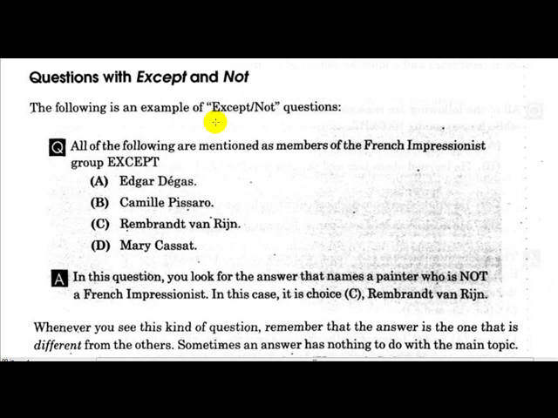And except means it's not, they are not included. They are separate from, okay? In this question, you look for the answer that names a painter who is not a French Impressionist. In this case, it is choice C, Rembrandt van Rijn.